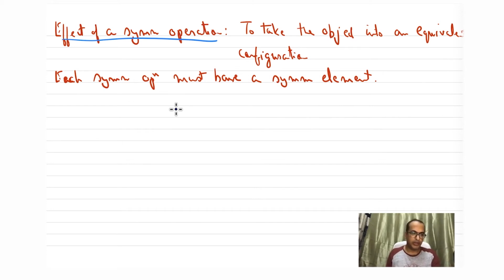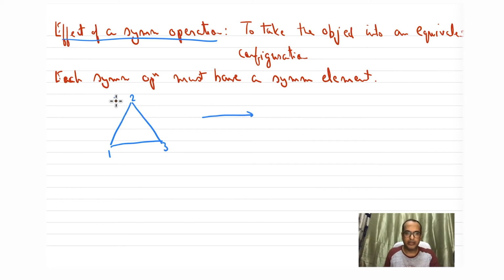So let's say we are carrying out a rotation, and this is an equilateral triangle. Let's define the vertices as 1, 2, 3. Now let's say you're rotating this.